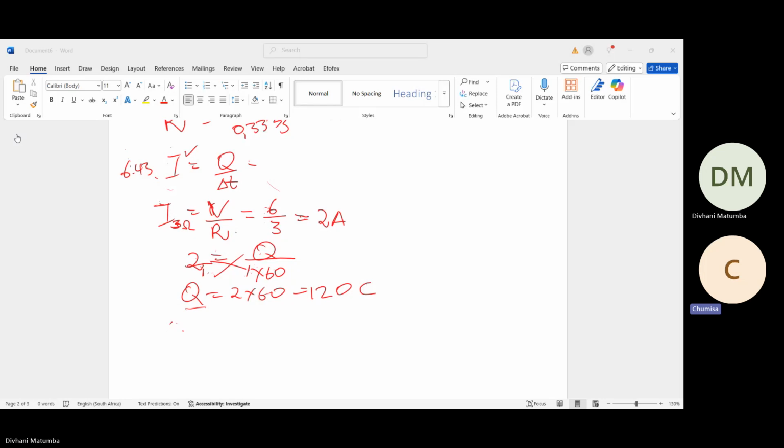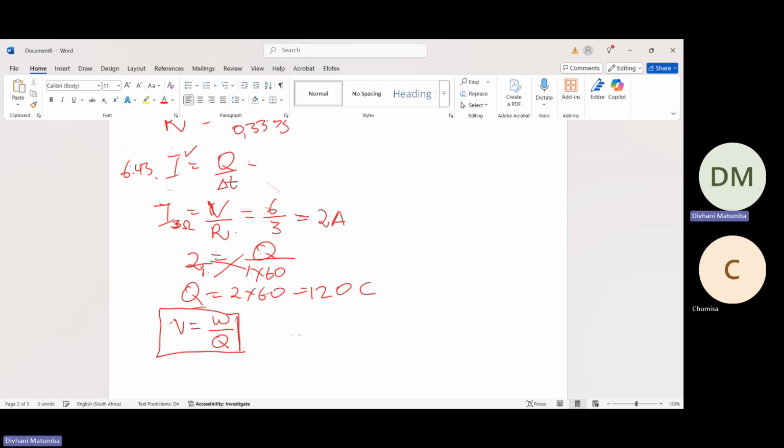The energy used to move the charges per unit of charge. So do you agree that the formula of the potential difference is V equals W divided by Q? If you go to your formula sheet, you will get it like this. Do you agree? Yes, sir.